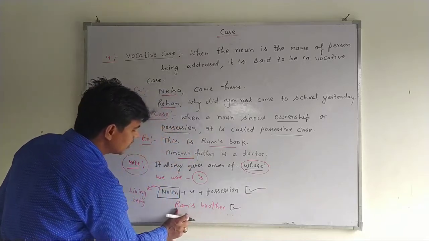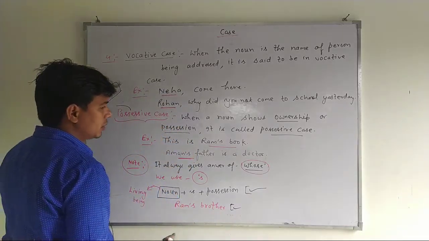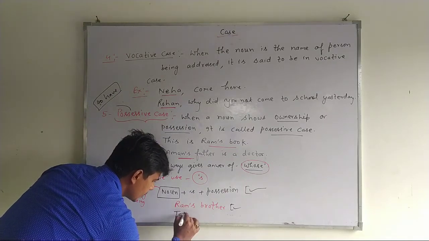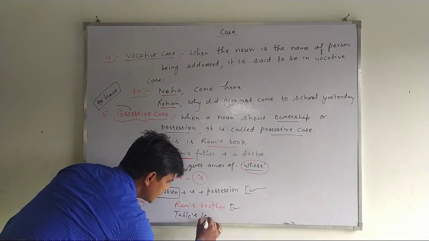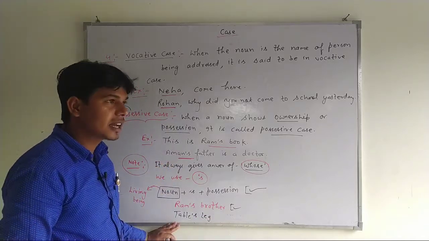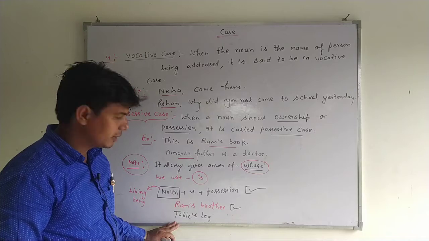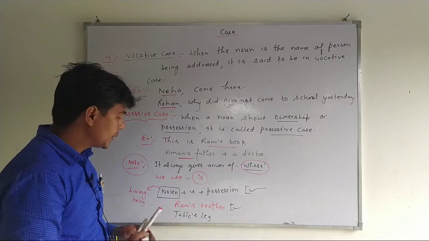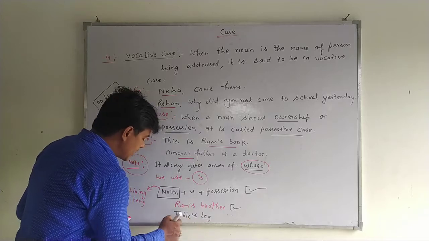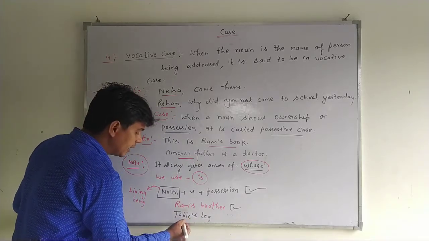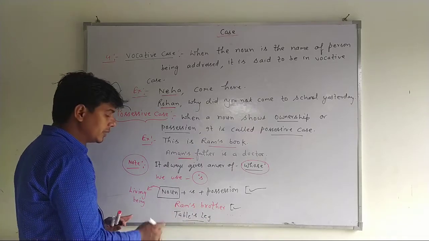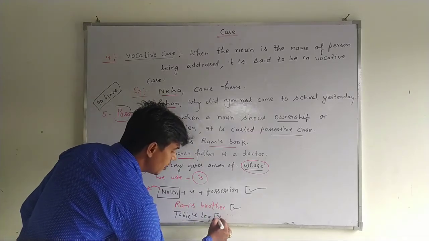But suppose that we have some other example. Suppose that table's leg. Just tell me whether the sentence is correct or not. This sentence is not correct because the noun that shows possession must be a living being, and here table is not a living being. So that sentence is not correct.